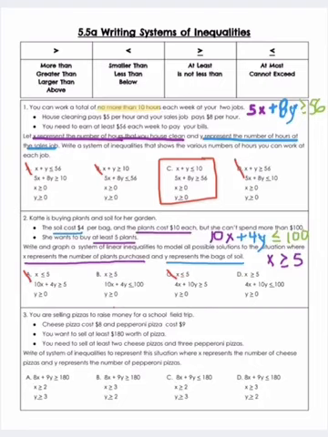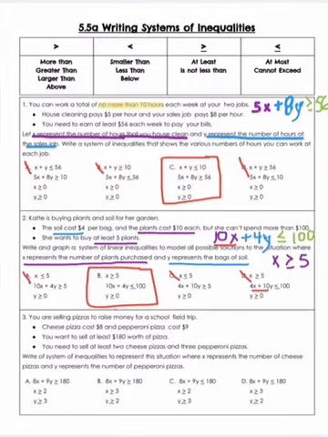So let's look between B and D. We have the same one for B, so that looks good, and the same one for D. Here we go. 10x is not going to match this equation, so that one's out. So it's D.